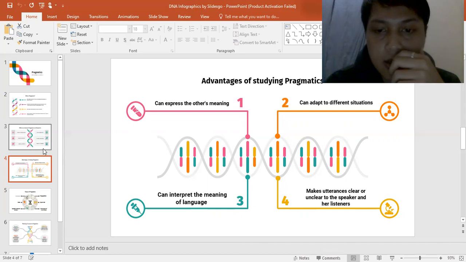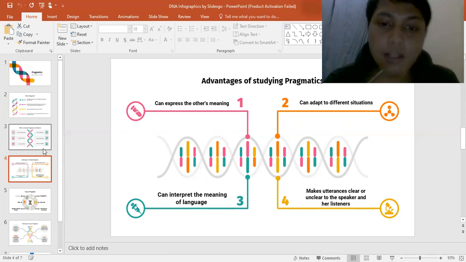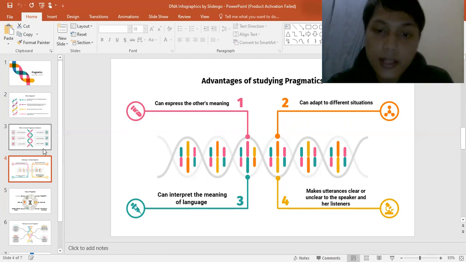And the last one, the advantage of studying pragmatics is that it gives a fuller, deeper, and generally more reasonable account of human language behavior. Without pragmatics, there is often no understanding of what language actually means, or what a person truly means when she is speaking.